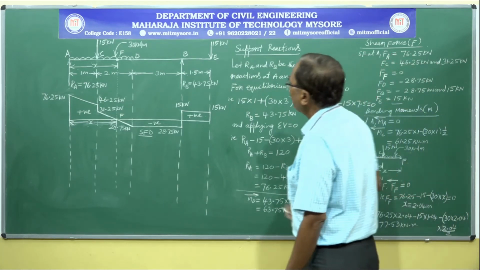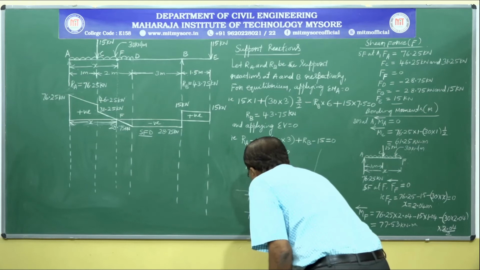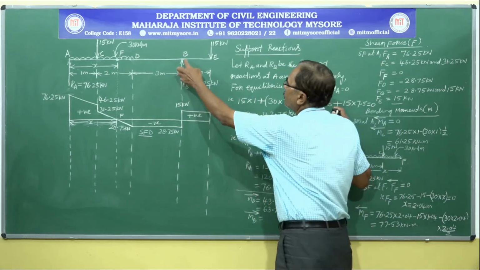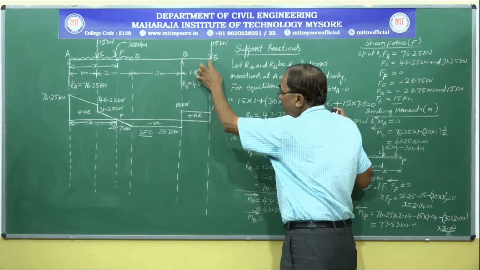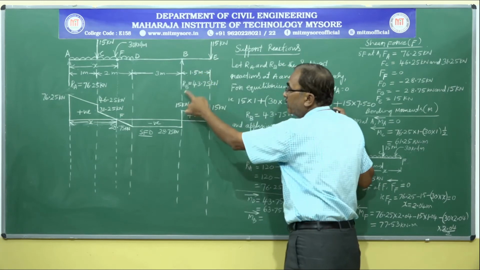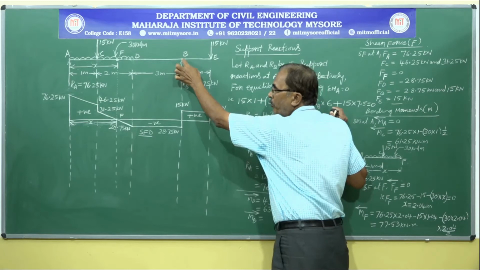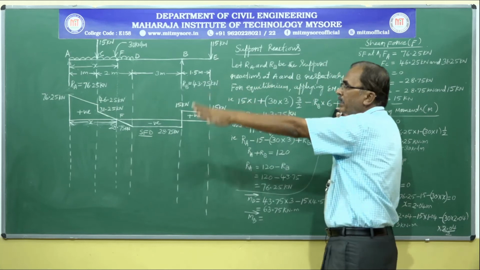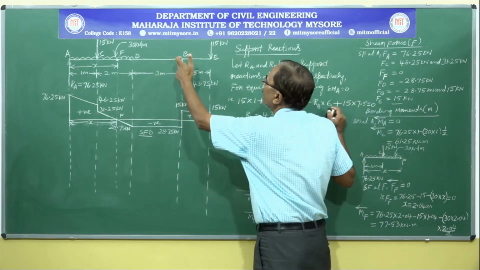Now, let us calculate bending moment at point B. MB by considering forces to the right hand side. To the right side of B, of course, a support reaction acting at point B and there is a point load acting at E. This support reaction will not create any moment about point B, and hence we are not considering this value. Let us not elaborate this, already we discussed in length about this.